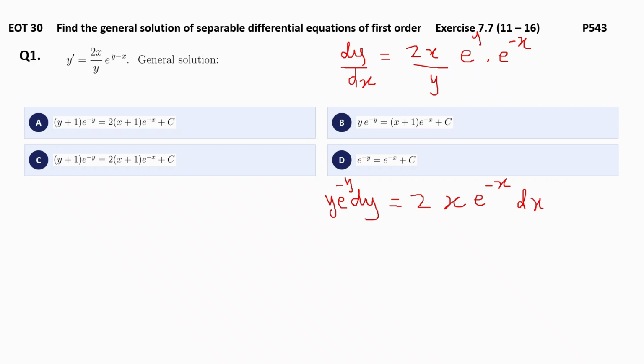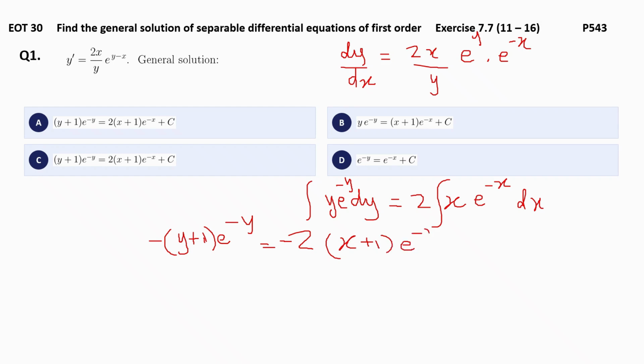See, there is a small trick behind it. Whenever you see a variable times e power negative the same variable, the integral formula is negative (the variable plus 1) e power negative y, which is equal to, a constant 2 and you have a negative sign, then you can notice negative (x plus 1) e power negative x.